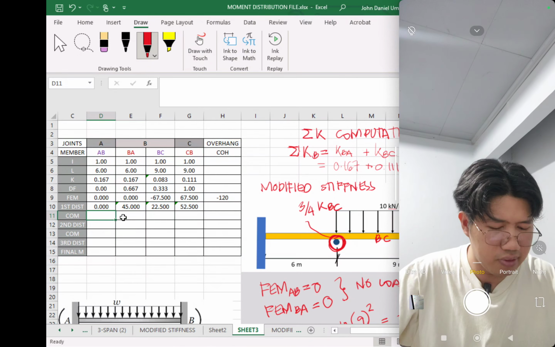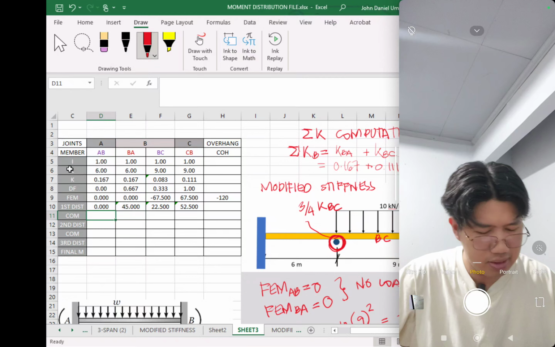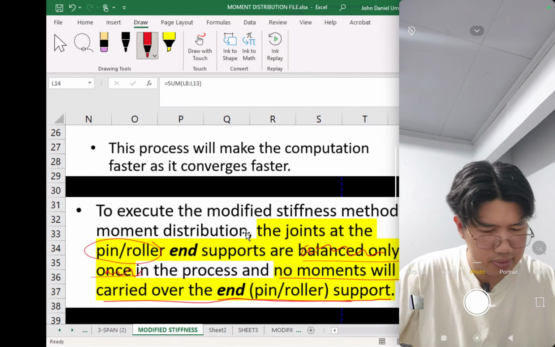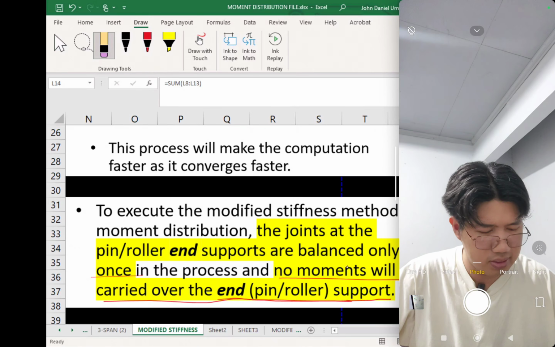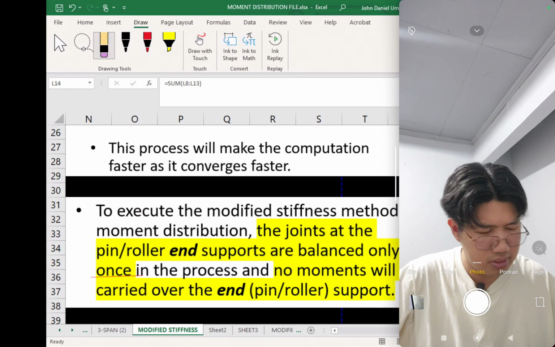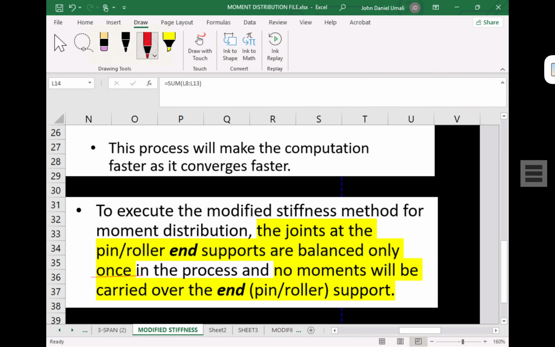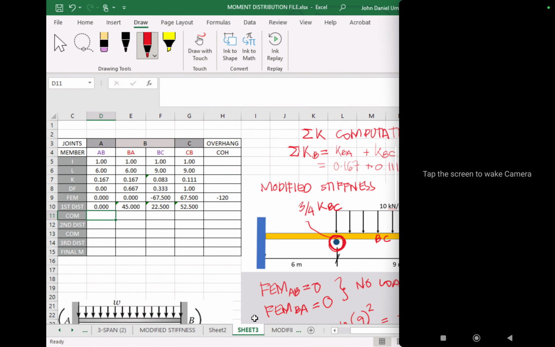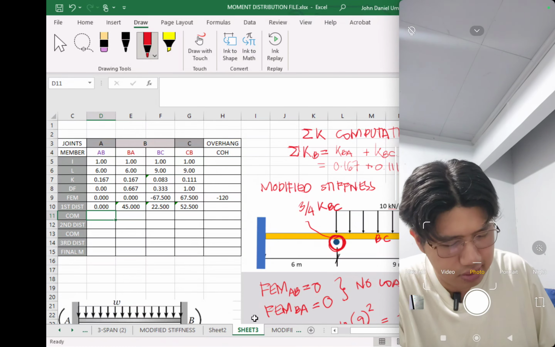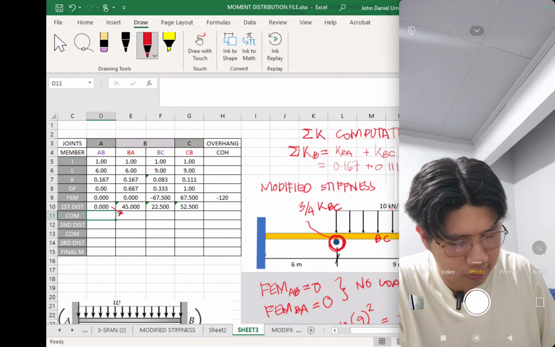Okay, and then carry over. So carry over moment, sabi. Okay, no moments will be carried over the end support na pin or roller kapag gagamitin si modified stiffness. Ayan, so since ginagamit natin si modified stiffness dito, so ito magka-carry over doon, so we divide this by 2.